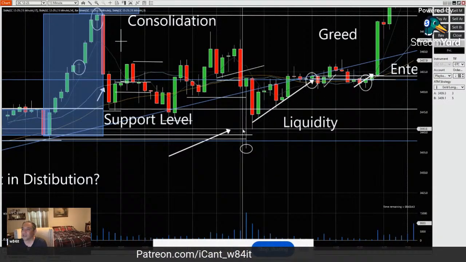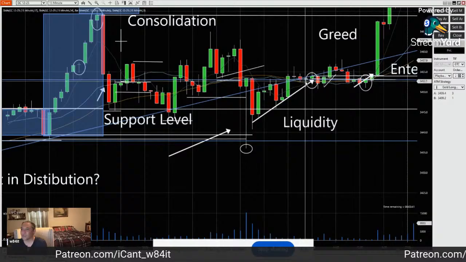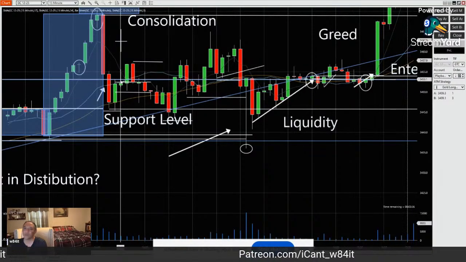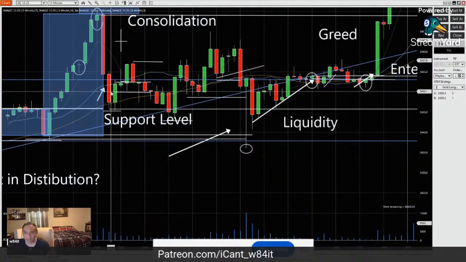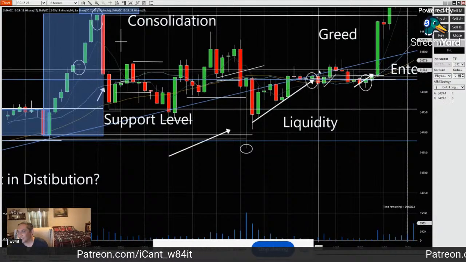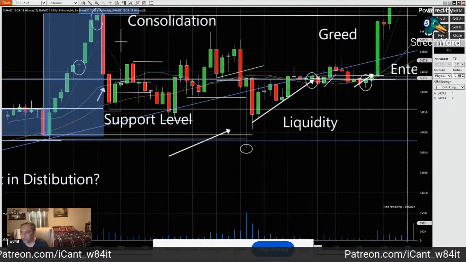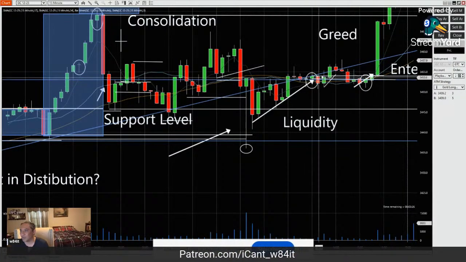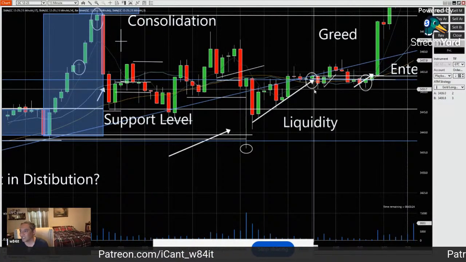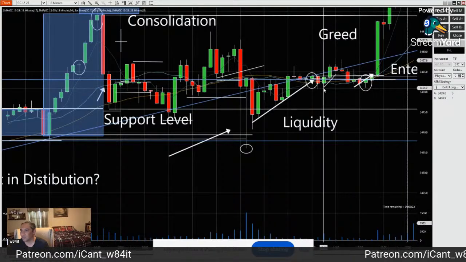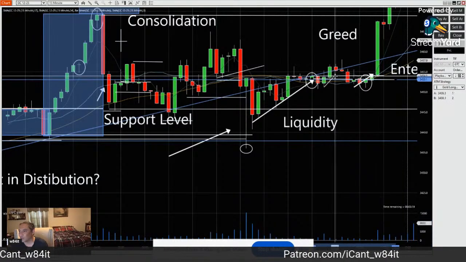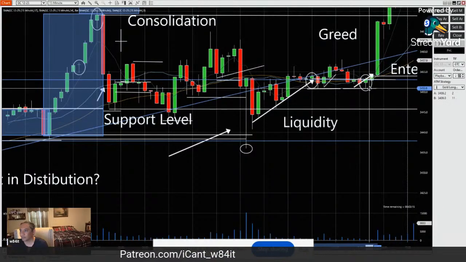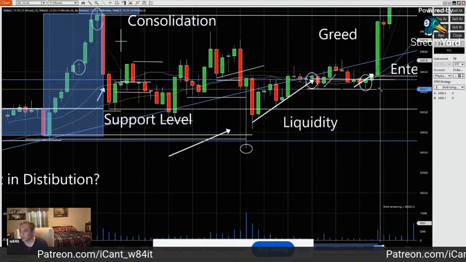And then you see your SMAs squashing into a point, and your green bar sitting above it, which coincidentally happens to be exactly 34 bars. And then you see a test, which is the push down right here, and a retest after 9 bars later, into the exact same area. And what was the outcome? The outcome was that it didn't break the low that this one did. This line's a little crooked, but let me straighten it out.